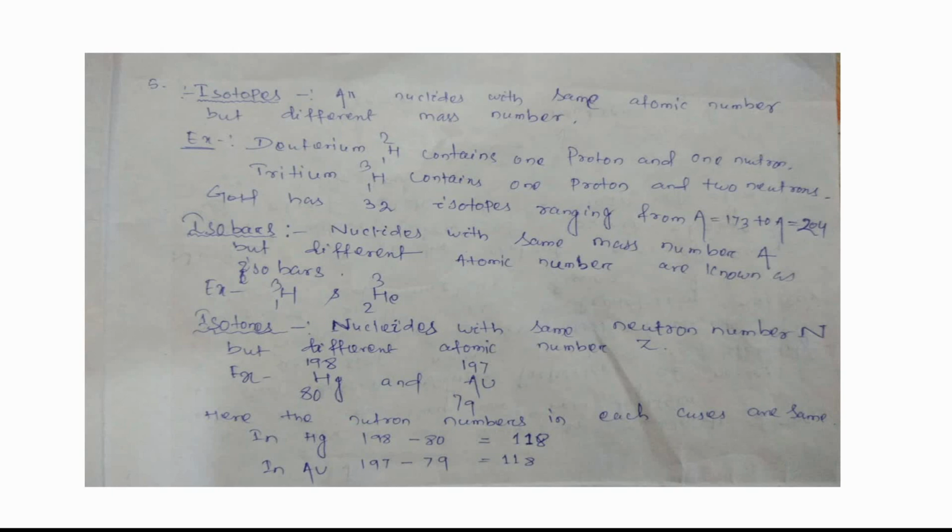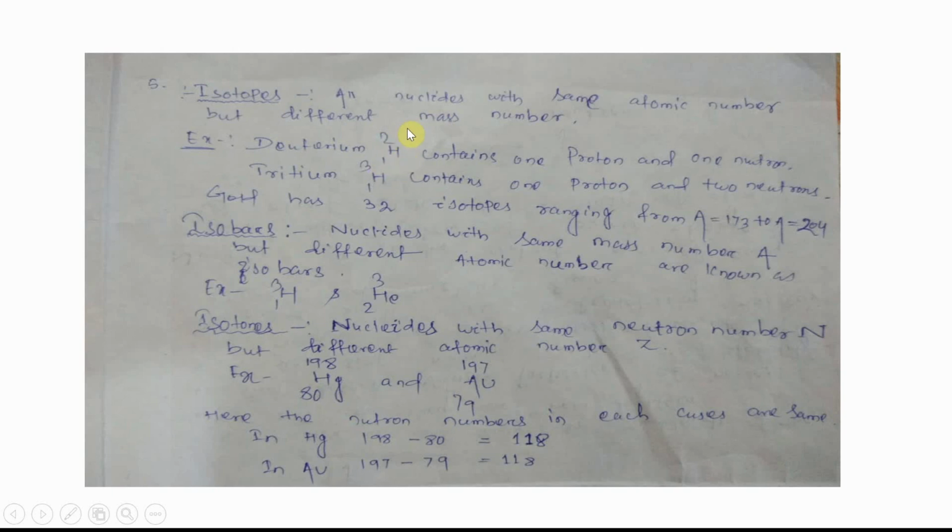Next come to another three factors, that are isotopes, isobars, and isotones. I think you are already well acquainted with these three in your chemistry classes in the atom chapter. So the first thing is isotopes. What are isotopes? Isotopes are all the nuclei with the same atomic number but different mass number. Hydrogen has three isotopes: deuterium, protium, and tritium.